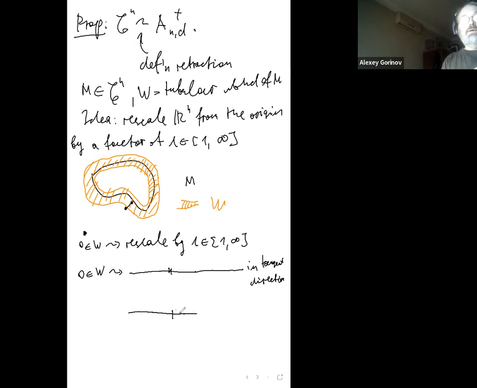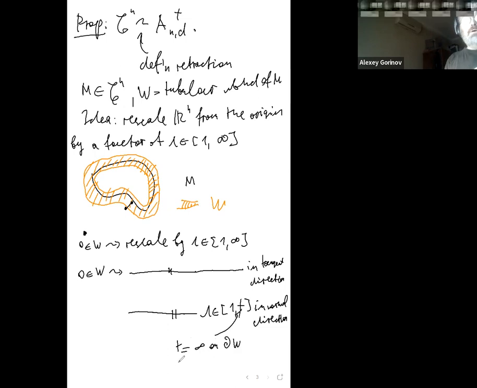But in the normal direction, I rescale by lambda, which is from 1 to t, where t is infinity on the boundary, and t equals 1 on M.